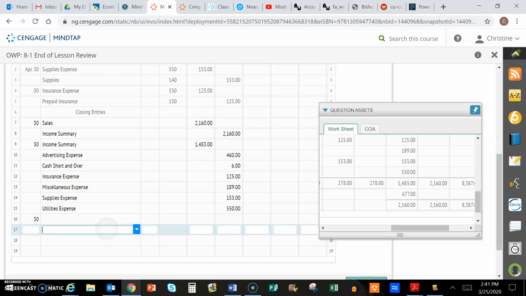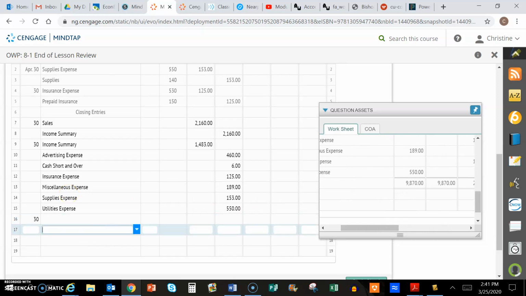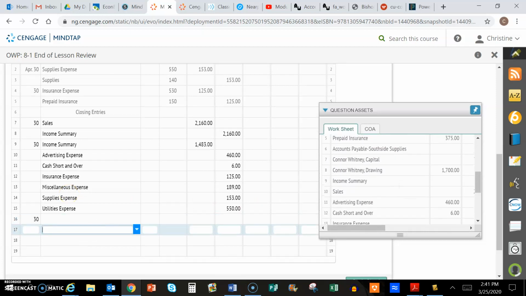So let's go to our credit first. And the owner's name is Connor Whitney. I'm just going to triple click that. This transaction does two things. It records your net income, but it also closes the income summary. If you compare these two right now, you have a credit to income summary of 2160 and a debit to income summary of 1483.